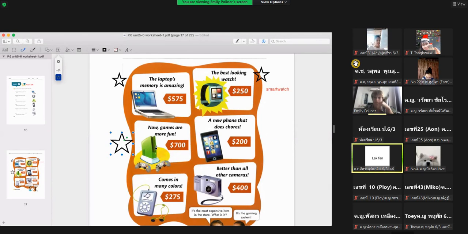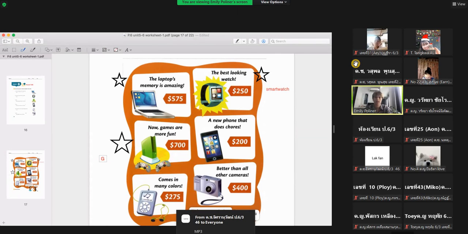All right, right here, what do we have here? What's this one? Someone said it earlier. What kind of system is this? A gaming system. A gaming system, okay? We have a laptop, a gaming system, and a smartwatch.